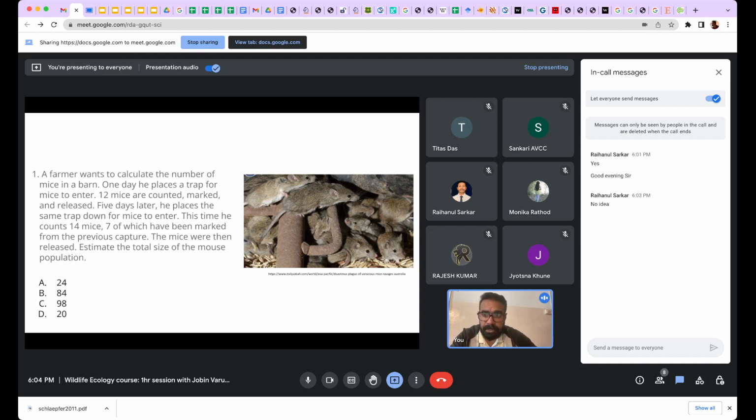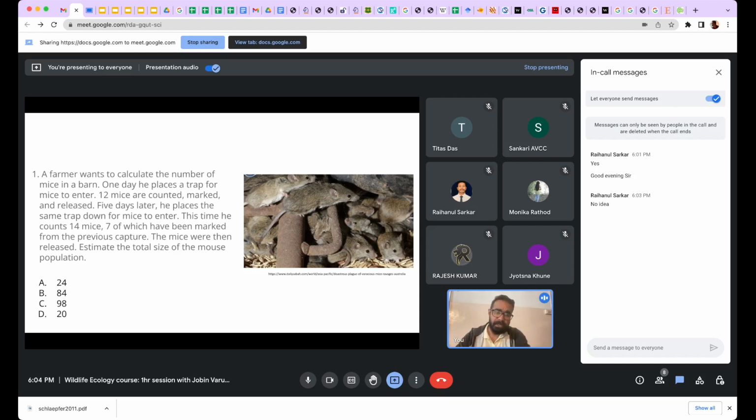There were 12 mice caught in these traps. They were counted, marked, and released. Five days later, he places the same number of traps for mice to enter. This time he counts 14 mice, out of which 7 are marked from the previous capture. The mice were then released. Estimate the total size of the mouse population.